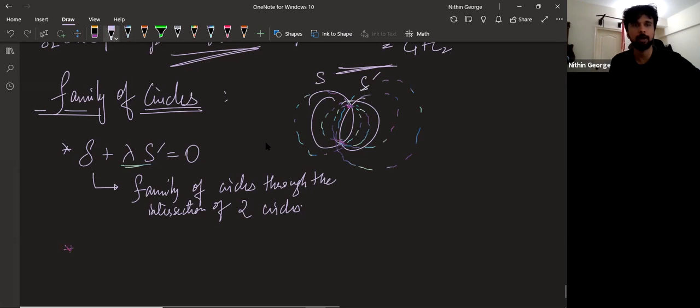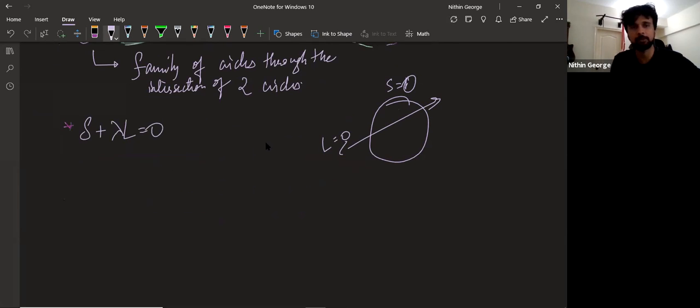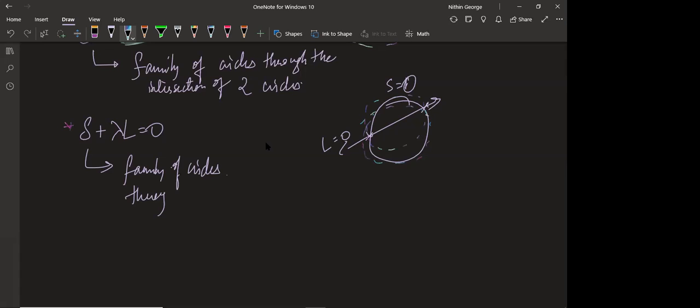Similarly, if you have a circle S equal to 0 and the line L equal to 0, then S plus lambda L equal to 0 represents the family of circles through the point of intersection of the line and the circle. All right. Yes, sir. Okay. It's as simple as that.